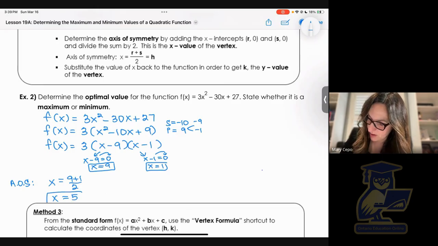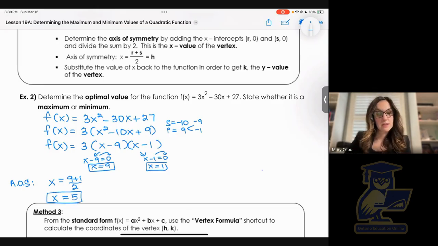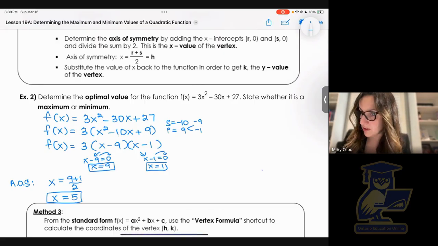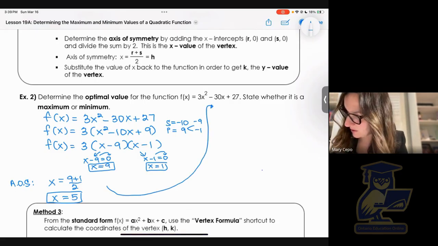So therefore, we know that the vertex, which is on the axis of symmetry, happens when x is equal to 5. So to find the corresponding y value, we're going to say f at 5. I'm going to put it into my factored form.